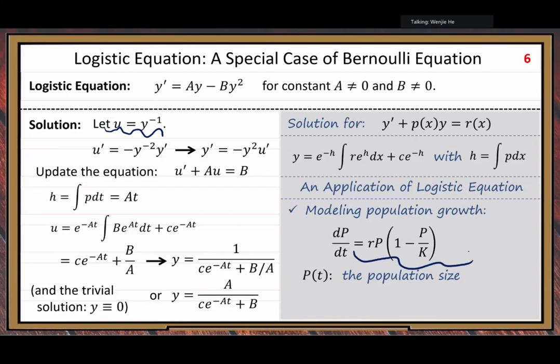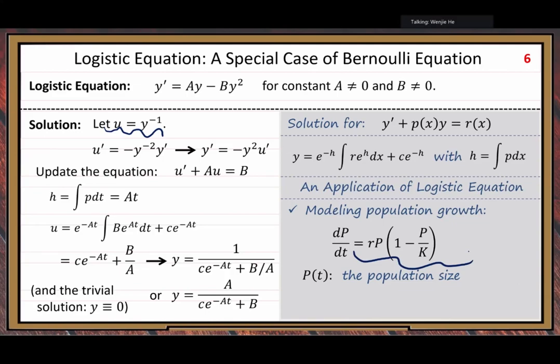Sometimes people try different ways, and they come up with this one, 1 minus P over some constant K. Look at that. That constant K is like an upper bound control parameter.